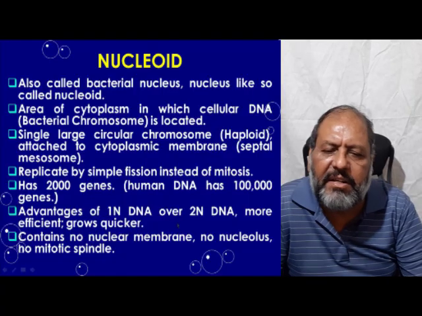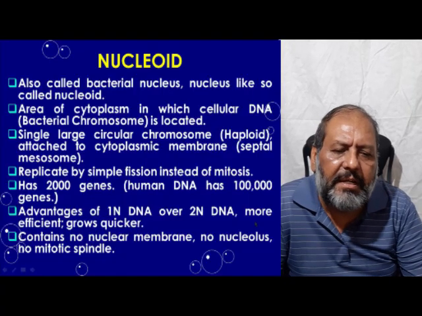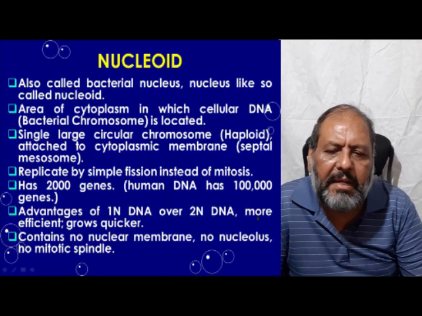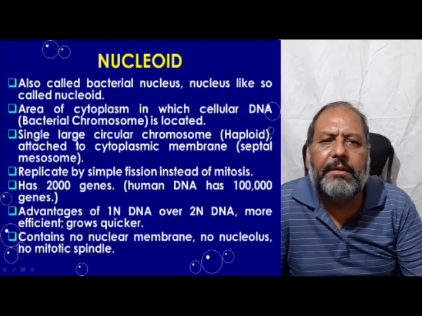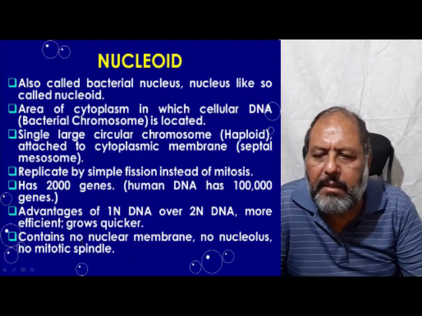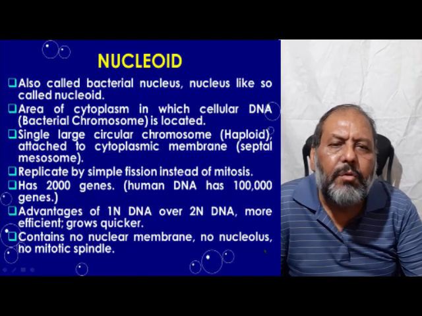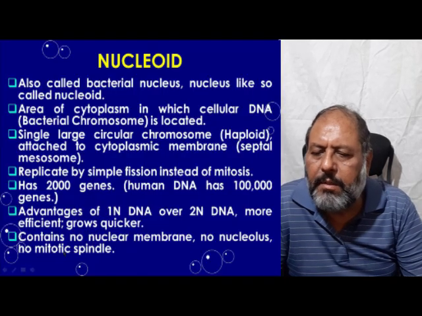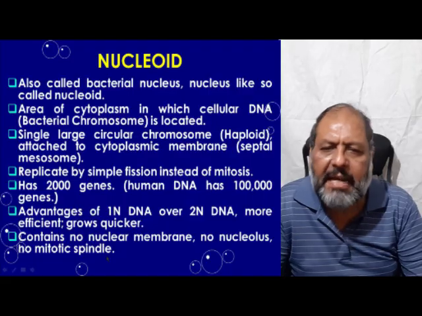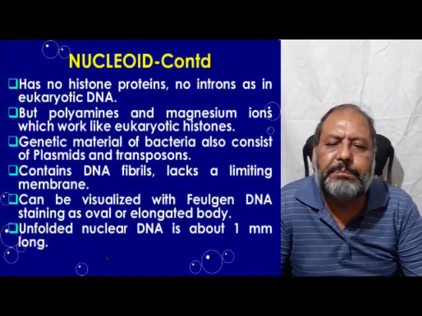The advantage of 1N DNA over 2N DNA is that the 1N DNA is more efficient and grows more quickly. The nucleoid contains no nuclear membrane, no nucleolus, no mitotic spindle as in the case of the animal cell.